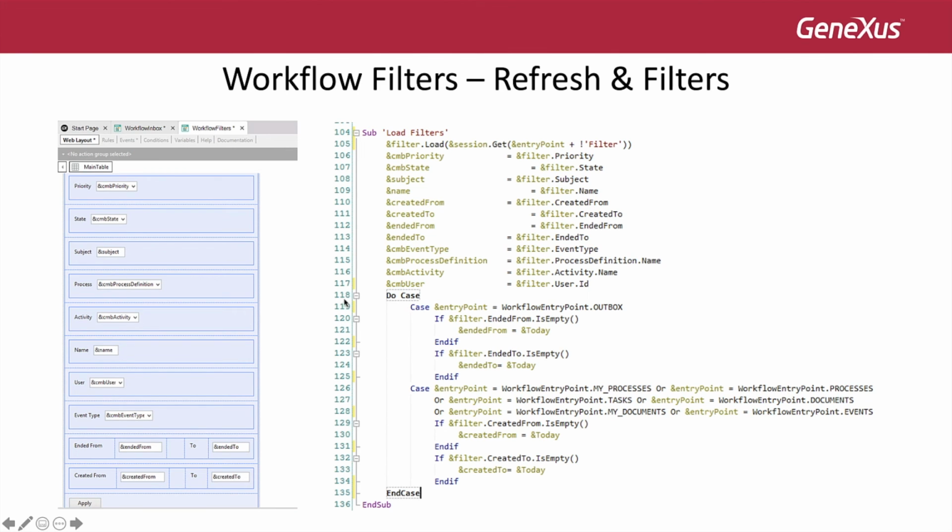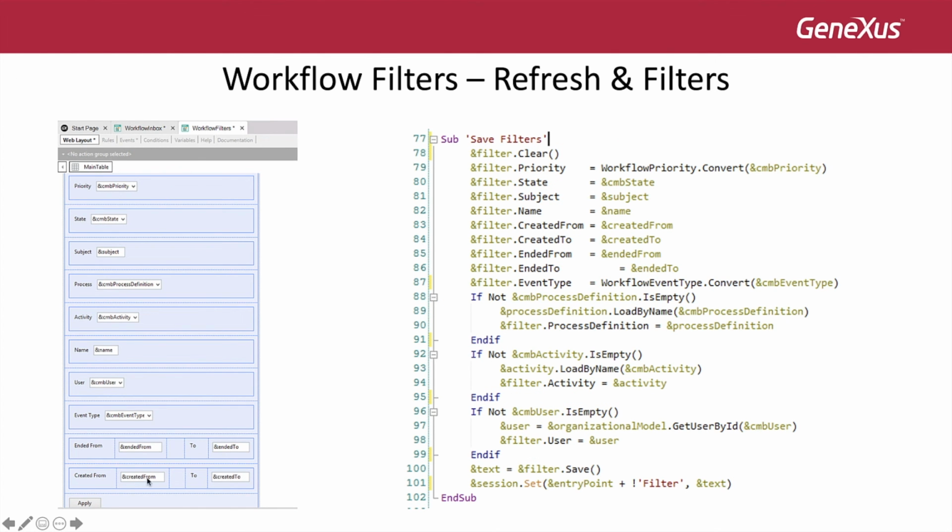In case this workflow filter is executed from an outbox, it loads the today variable into the ended from variable and the ended to variable. It's called from my processes, process tasks, my documents and events. It loads the today variable into the create from variable for default values.